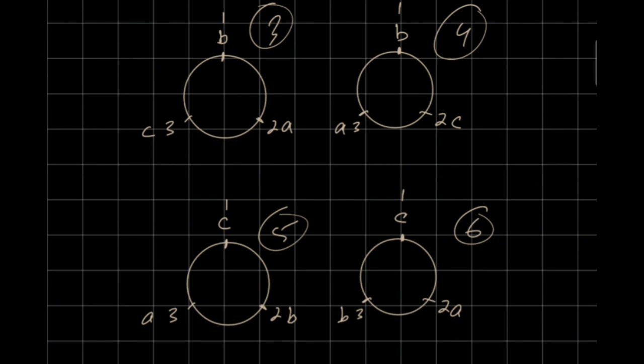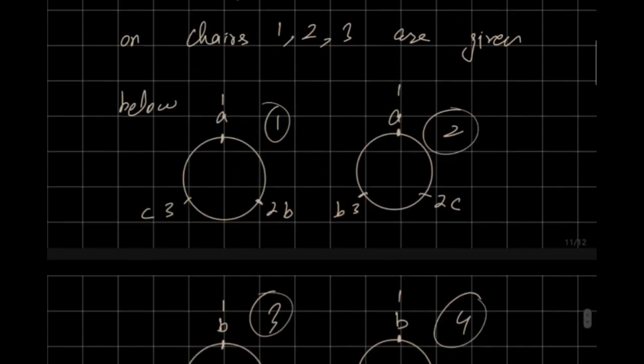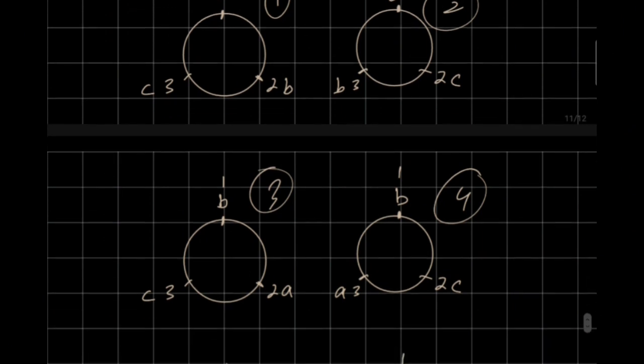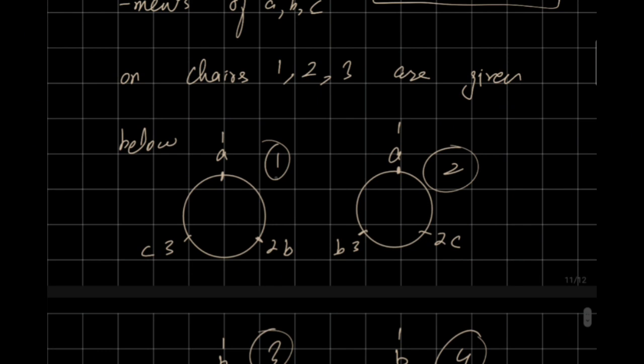But the question is, are these arrangements different from each other? We call this arrangement the first arrangement. Call this A B C, moving clockwise.